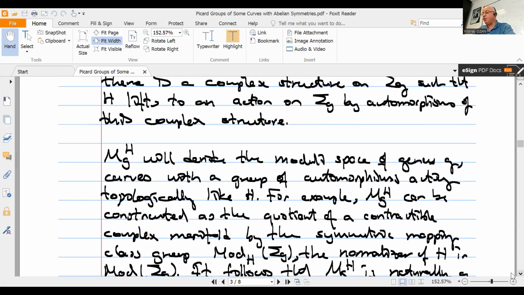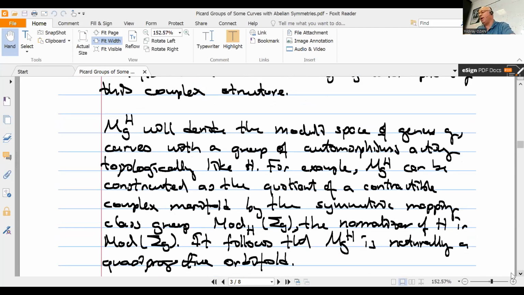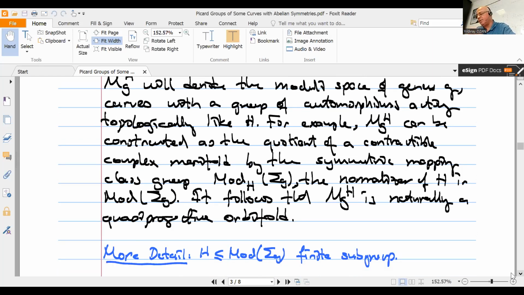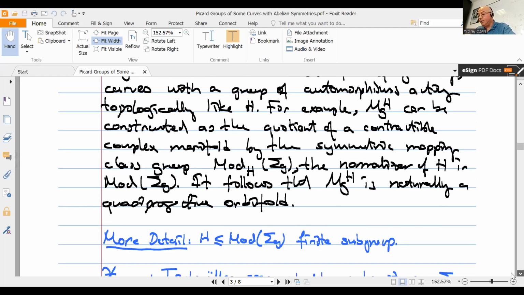The set of all such Riemann surfaces forms another geometric object. It's a quasi-projective orbifold, so it's an algebraic variety kind of.